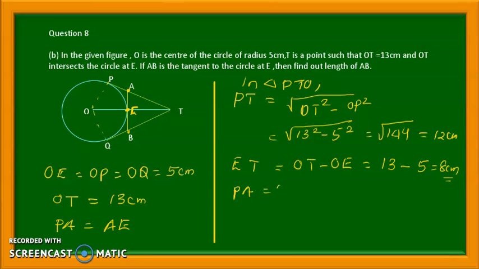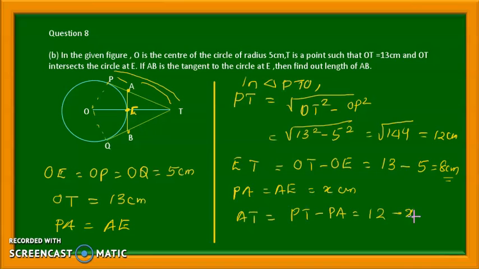PA is equal to AE, which is equal to say x centimeter. So we consider that as x centimeter. Now look, AT, the length AT, this distance, that means we are getting PT minus PA. So we can write here PT minus PA. PT we already calculated as 12 centimeter.